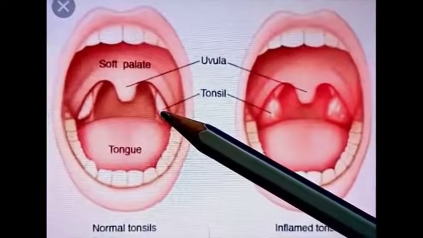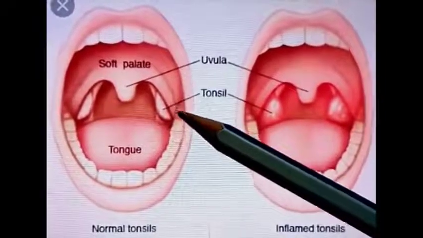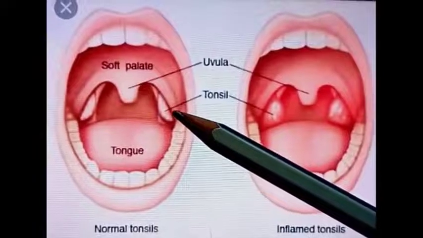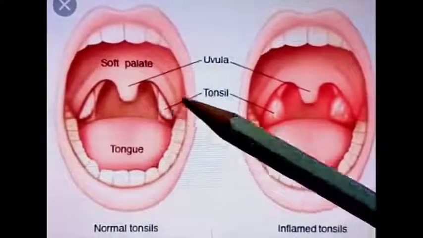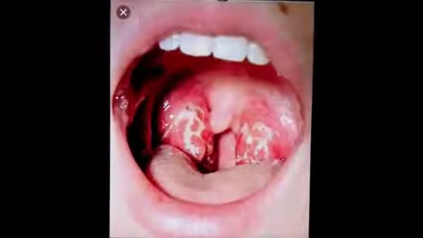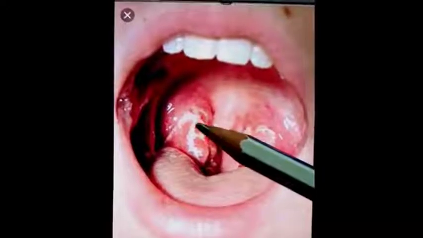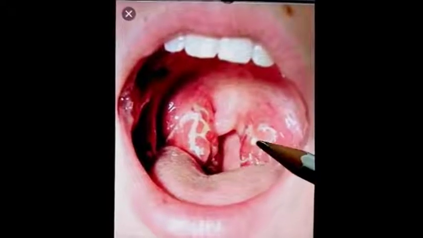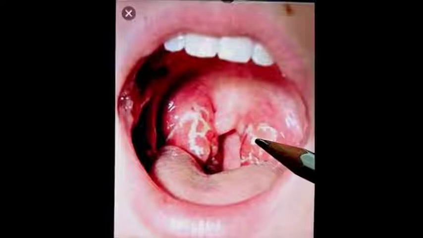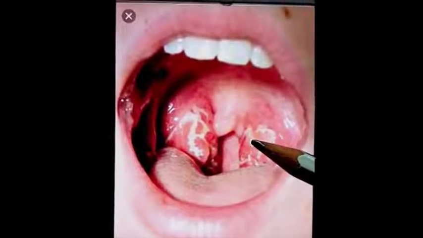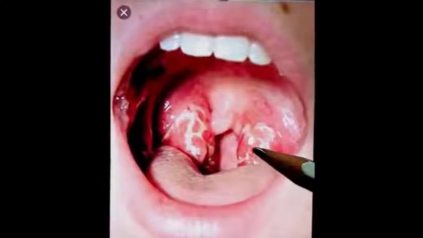Infection may spread to the surrounding tissue and the condition is known as peritonsillar abscess. Peritonsillar abscess means collection of pus within the tonsil as well as into the tissue of the neck and chest.